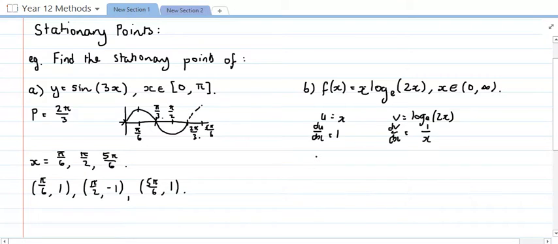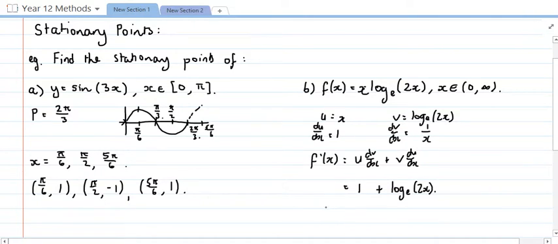And I can say then that f dash x is equal to u dv dx plus v du dx. So we've got x times 1 over x, which the x's will just cancel out and leave 1. Then we've got v times du dx, so that's just log e of 2x.